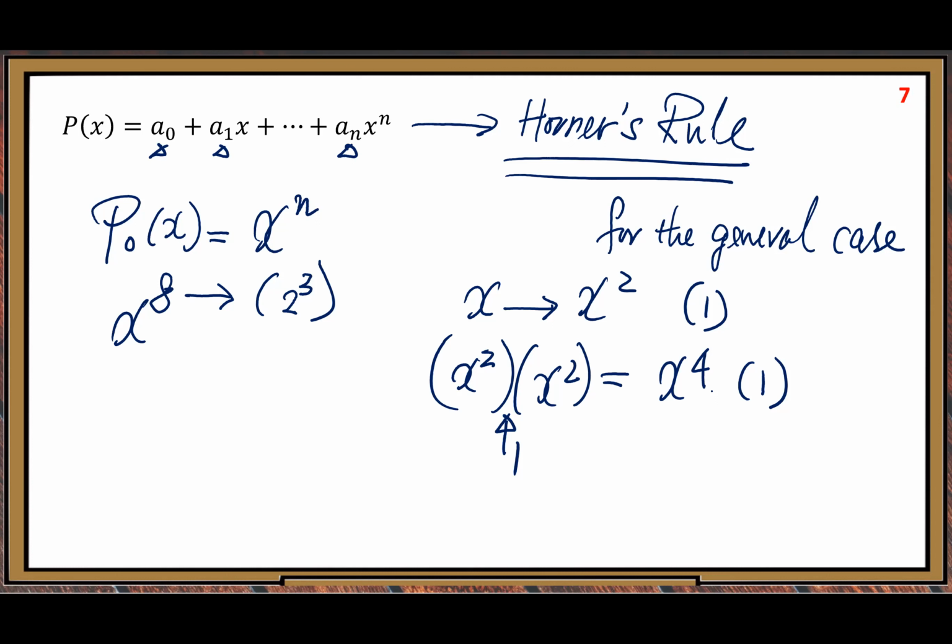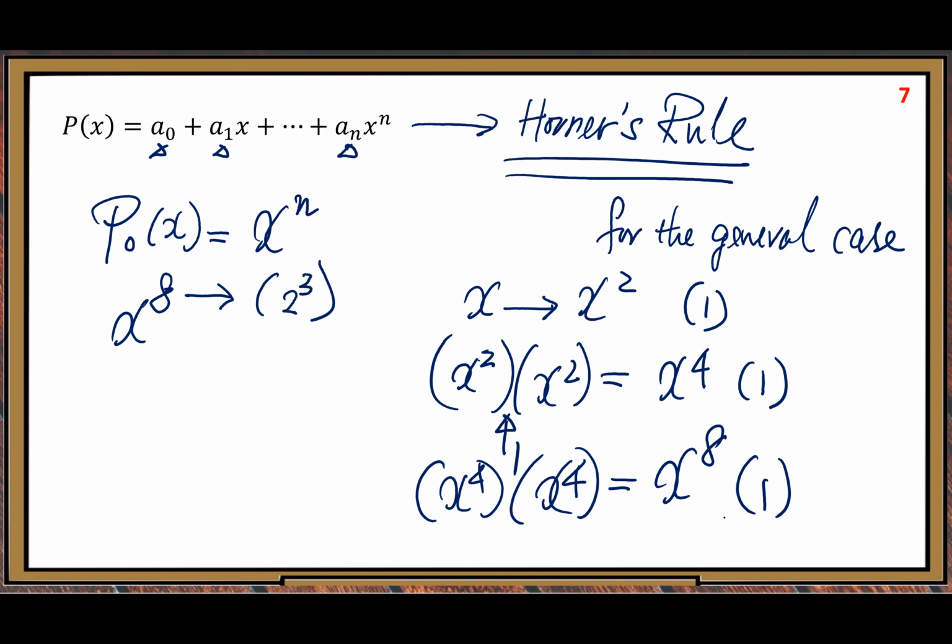Then x to the 4th to x to the 8th. This time, you already have x to the 4th. You just take another multiplication of it with itself, squaring. That's the squaring. We keep doing the squaring operation, and we jump to x to the 8th.